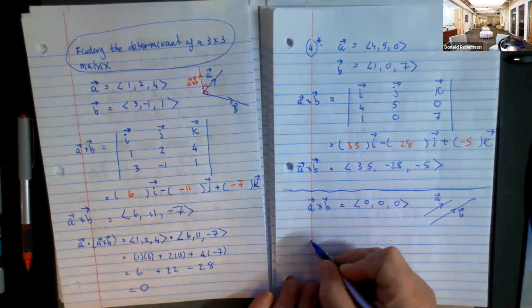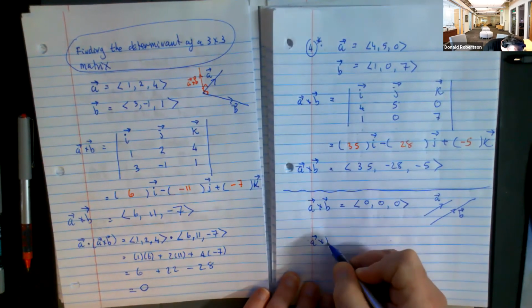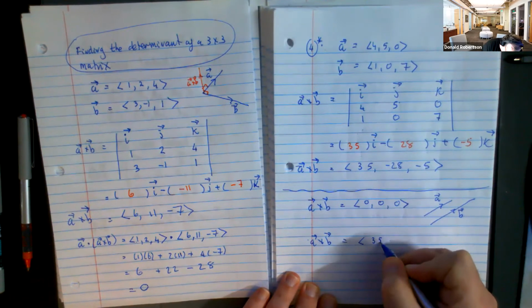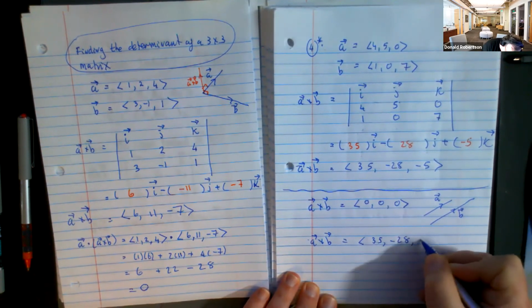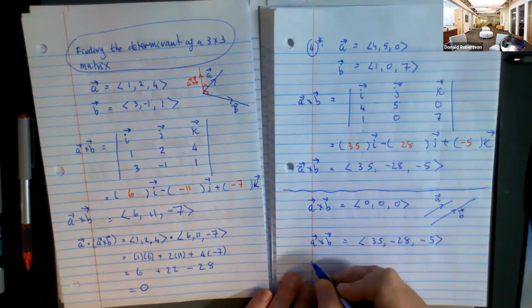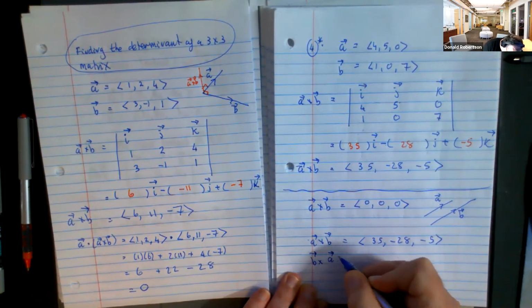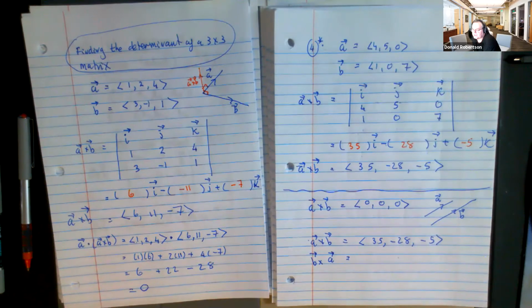Now, if I find the cross product A cross B, and it ends up being 35, negative 28, negative 5, what do you think I would have got if I'd switched places with A and B? This is really just gut feeling, and there's no reason you should know this, but what do you think might be true?